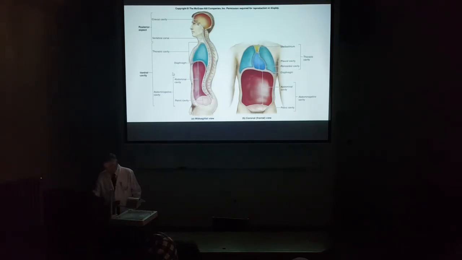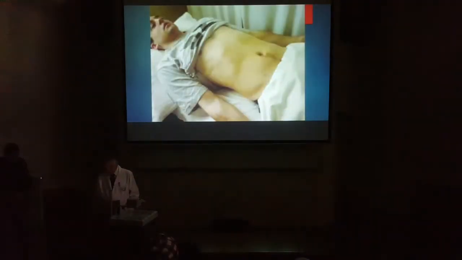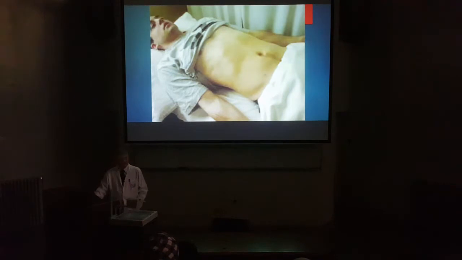You know the abdominal cavity now: roof, floor, anterior wall, posterior wall. This is reality. This is next year's reality, and then from there onward. No lines, no colors, no colored images, right?